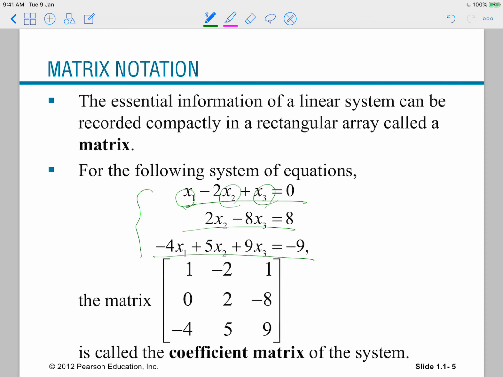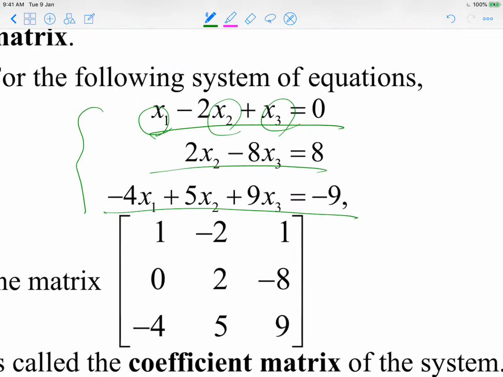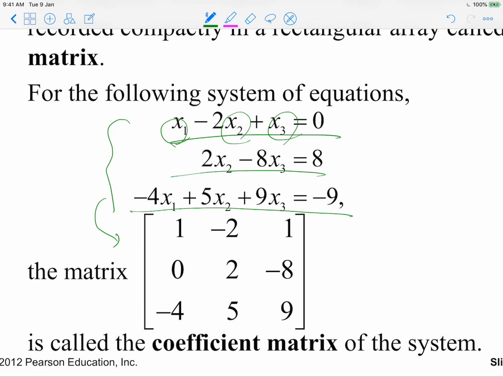Then we can build up something called a coefficient matrix, where we bring those numbers. We have 1 here, and those numbers are placed as the first row and the second row.